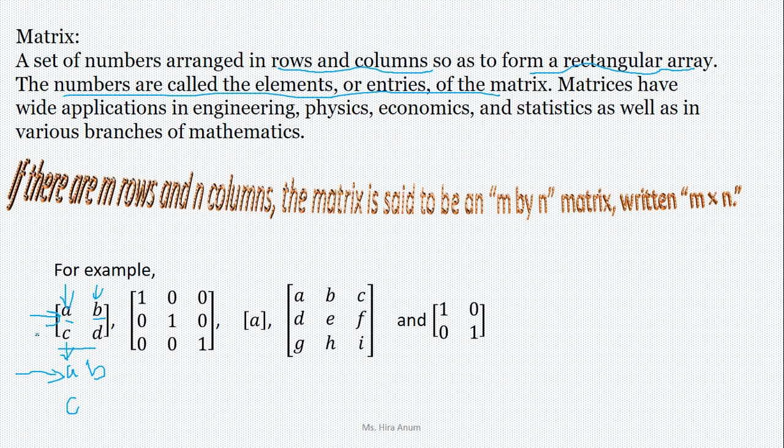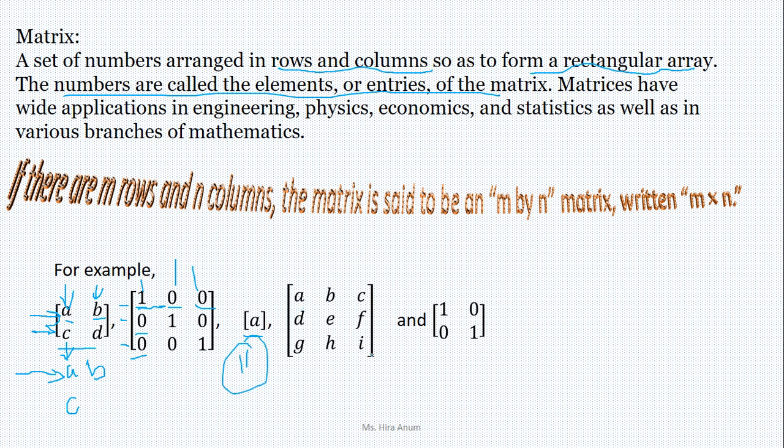Similarly, AB is row 1 and CD is row 2. Here you can see 3 columns and 3 rows: 3 columns, 1, 2, 3, and 3 rows, 1, 2, 3.